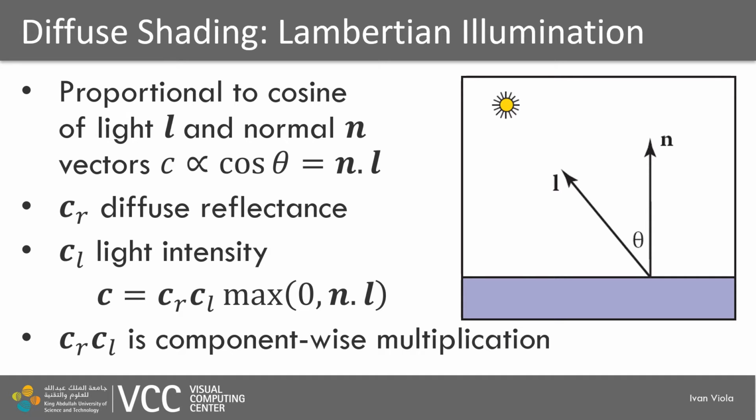So the light can have the same intensity in each color component, so it will be white in that case, or it could be of a different color. For example, it could be red or green or blue.